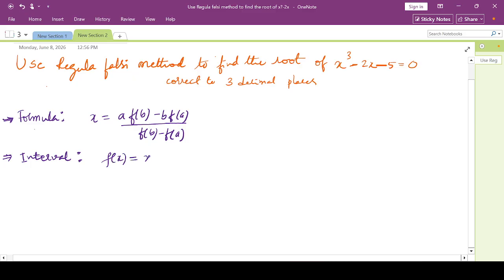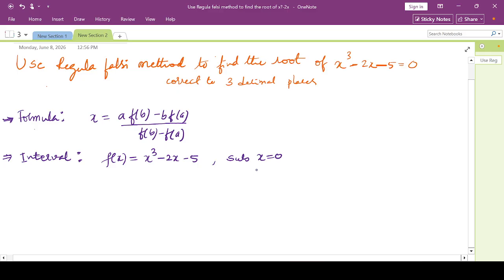F of x is x cube minus 2x minus 5. For example, let us say for x equal to 0, you will get a negative value, and for x equal to 3, you will get a positive value, meaning the root lies between 0 and 3. So first substitute and observe.